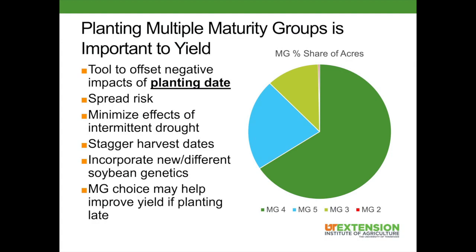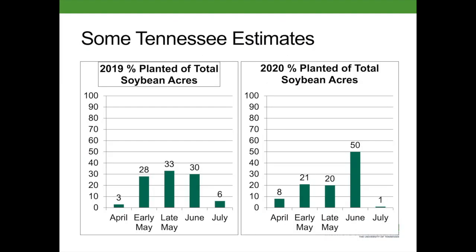So the pieces of the pie, I think, change a little bit depending on when we plant and the planting conditions that we have from year to year. So these are some estimates as far as the percent of total planted acres for 2019 versus 2020. And you can see in 2019 we had kind of equal amounts of soybeans planted in early and late May and June, which is kind of a little bit more typical, maybe something that we kind of hope for.